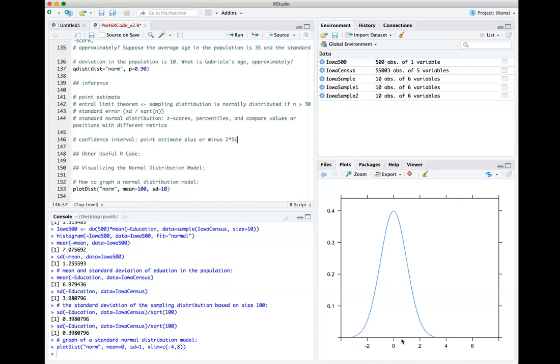If we look at the area under the curve, plus or minus 2, we're talking about a big chunk of that bell curve. So our confidence interval is a statement about our degree of precision of our point estimate in our sample, given our sample size and this really cool property of the central limit theorem.